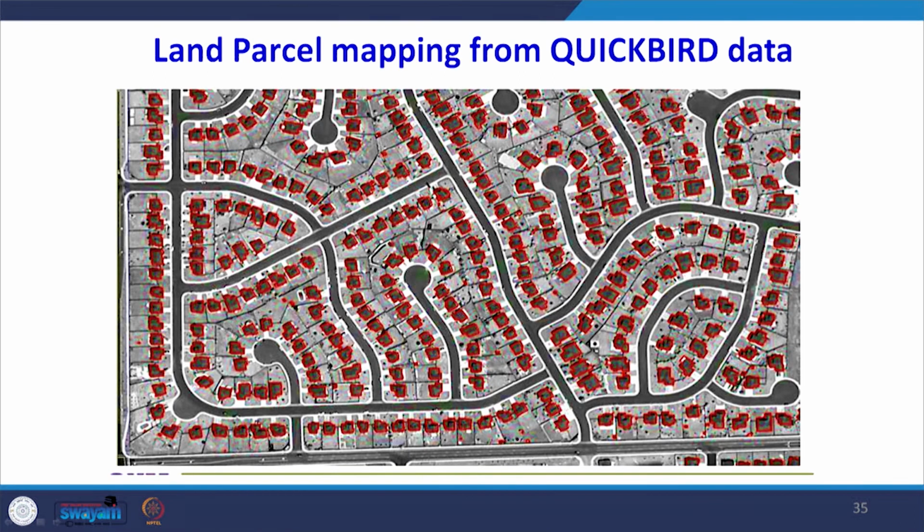All the red boxes which you see here are the polygons which have been manually digitized, but there are techniques which can extract this kind of feature directly, building extraction from the high resolution satellite image.